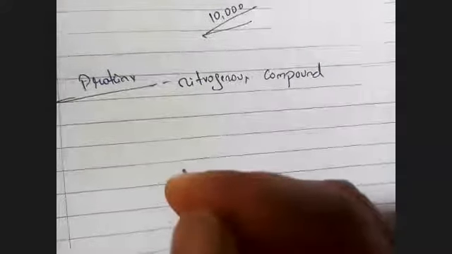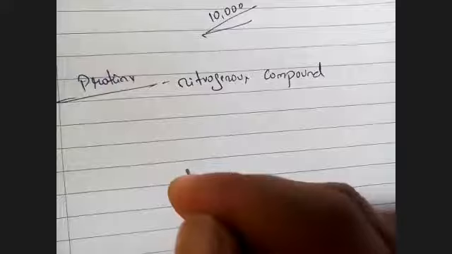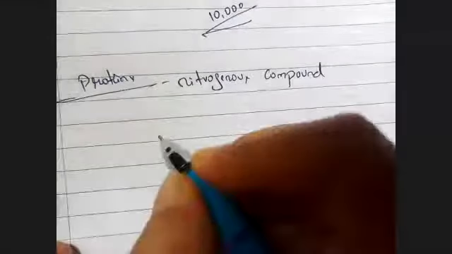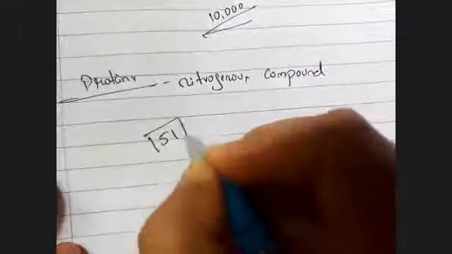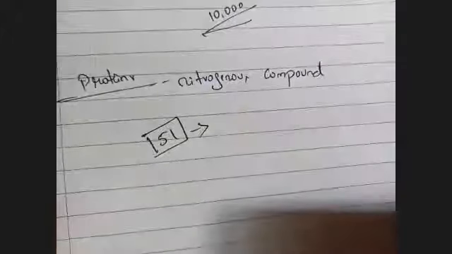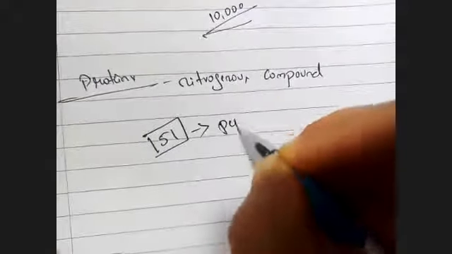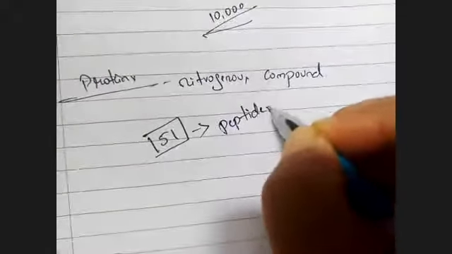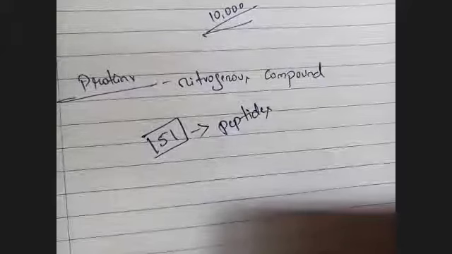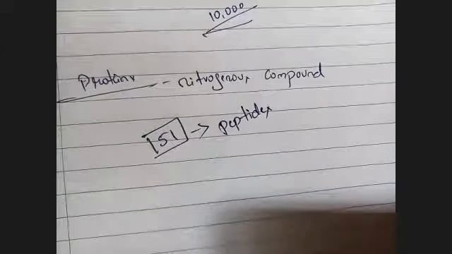So what is the number? Till which number can you say it's an amino acid chain? That number is 51. Till 51, the amino acid chain can be called a peptide.